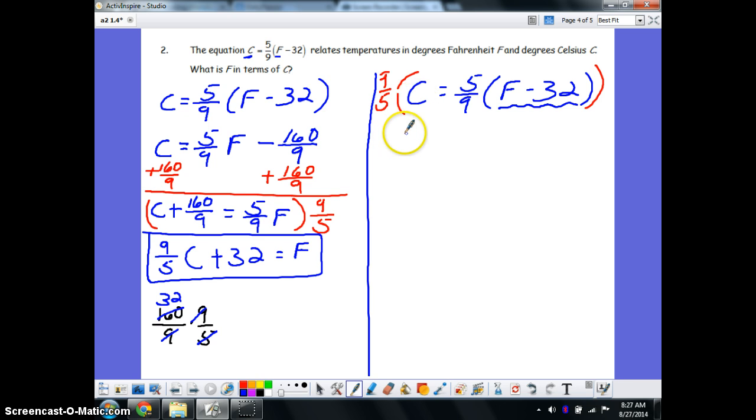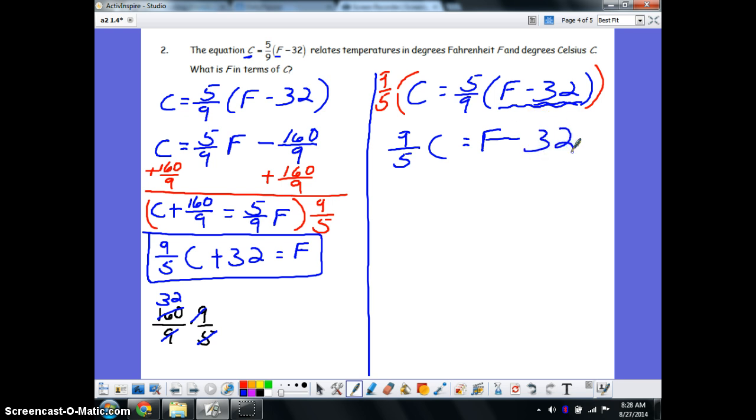Okay? We end up with the 9/5 C equals, and then if we had 5/9 T and we multiplied that by 9/5, we would be left with just T. Well, that chunk is just F minus 32.